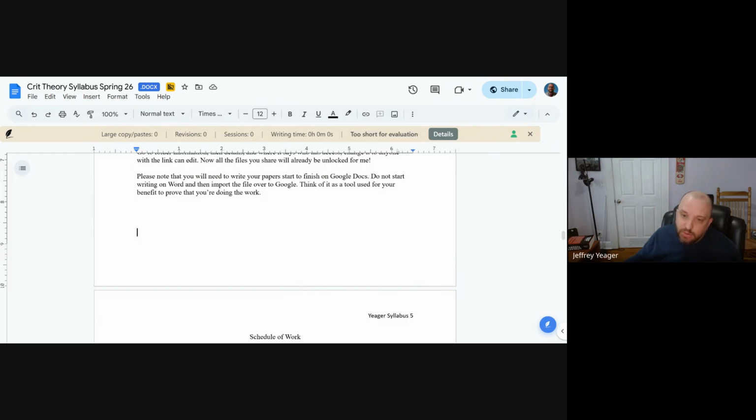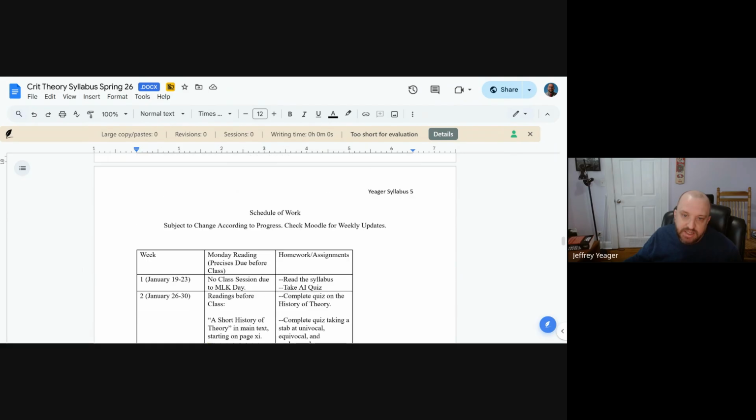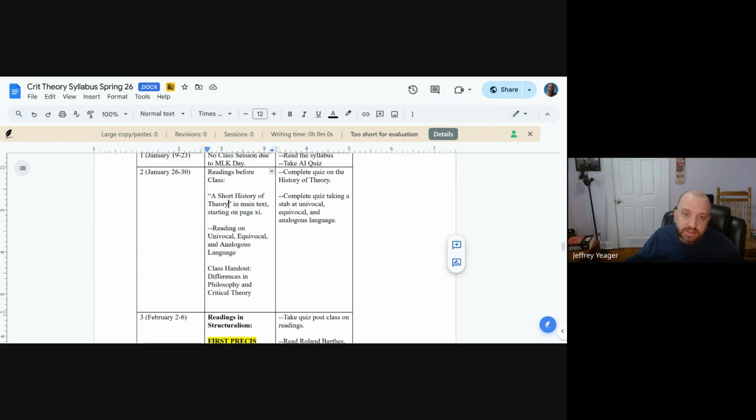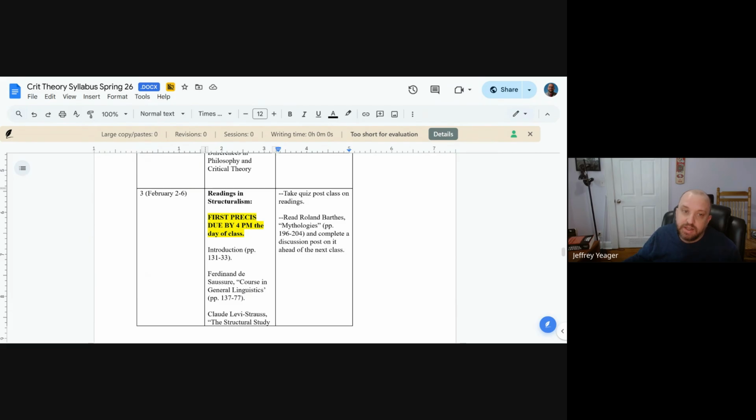Then our schedule of work is here. As you see, I have it broken up: the main reading that we're going to do on a certain day, followed by the assignments that you will be doing starting on week 3. I'll start giving you a little extra reading to do before the next class and have you do a discussion on it.